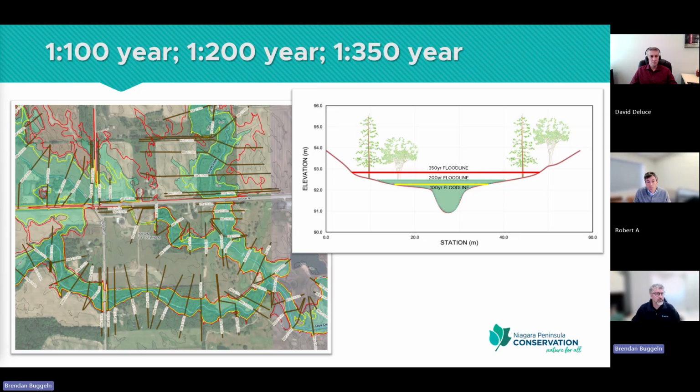And that's good to know for planning and understanding our flood risk. It's important to note, though, that we regulate to the 100-year flood line only. The 200-year and the 350-year flood lines are good to know for planning, for recommendations, but they're not regulatory lines.